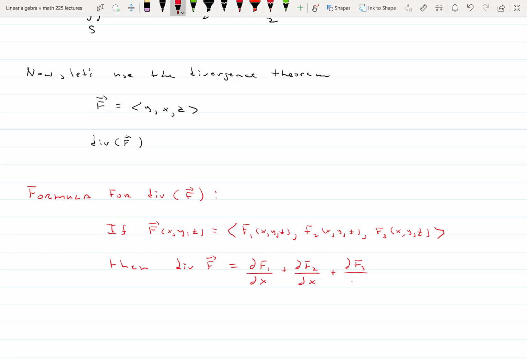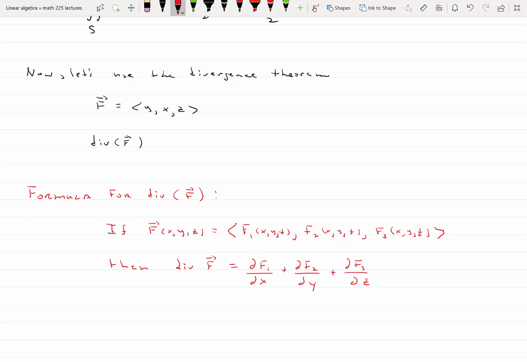But not for us. This is a computational course in calculus. So the divergence is very simple. The divergence of a vector field is simply the partial derivative of the first component with respect to x plus the partial of the second component with respect to y plus the partial of the third component with respect to z. That's an incredibly simple formula.